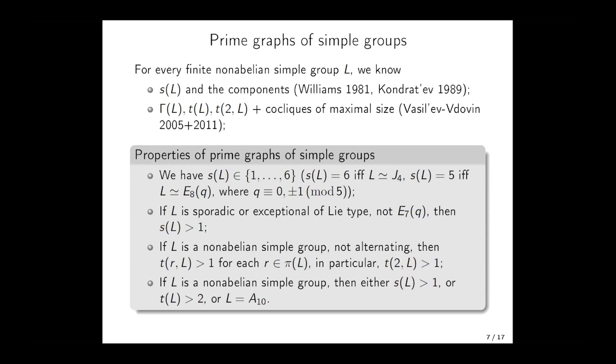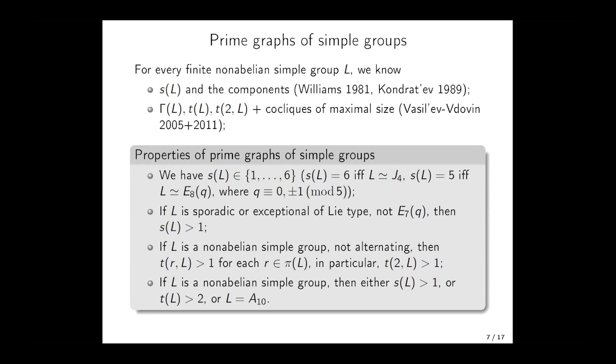Moreover, as I said, in some cases it is important to know how the cocliques of maximal size are constructed. And Vasily Vdovin and coauthors, in their work in 2011, showed what they look like, and the results can also be presented in very handy tables.